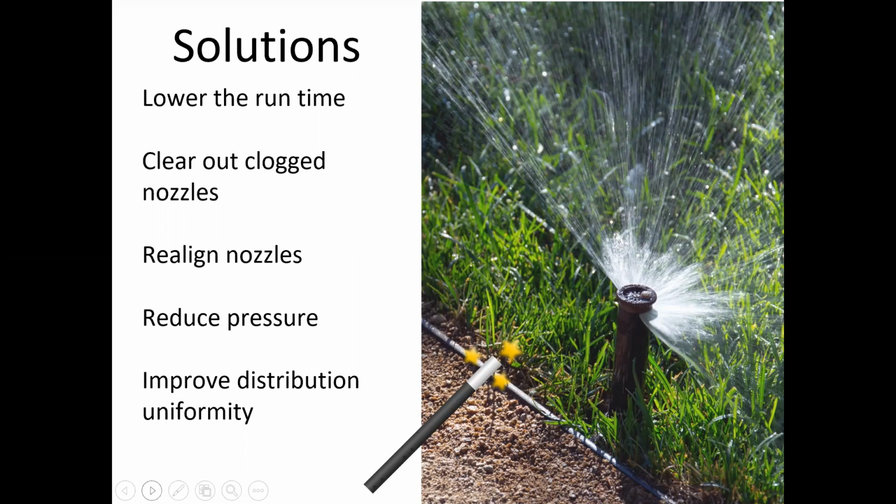Those nozzles could also be clogged or misaligned, so that would be another thing to adjust and fix. You could also reduce your pressure. And at the end of the day, your main goal is improving your distribution uniformity.